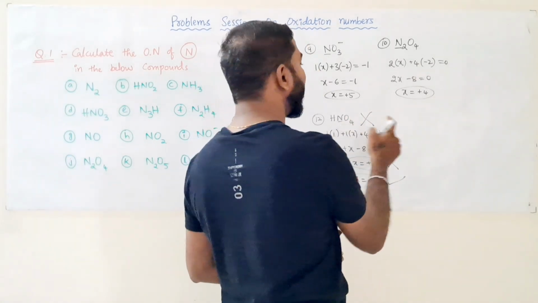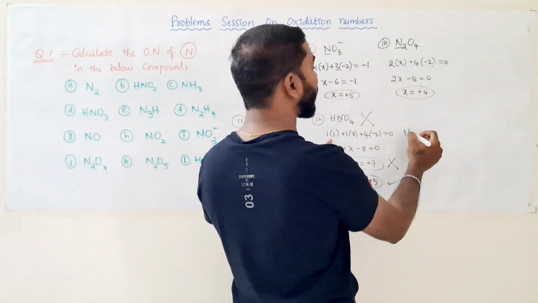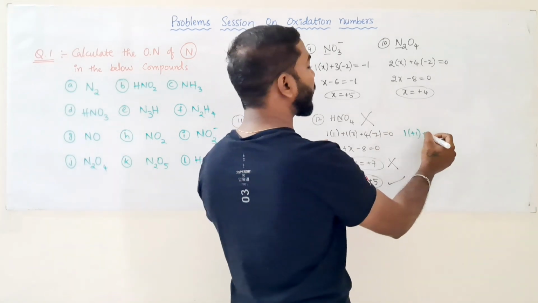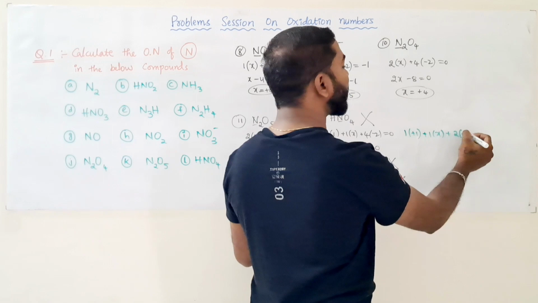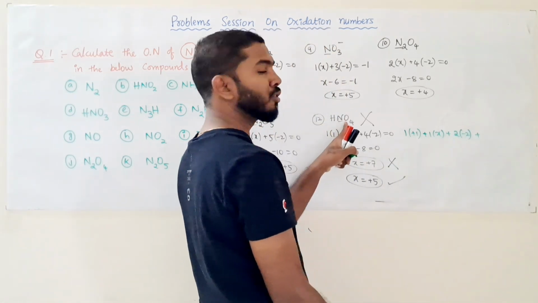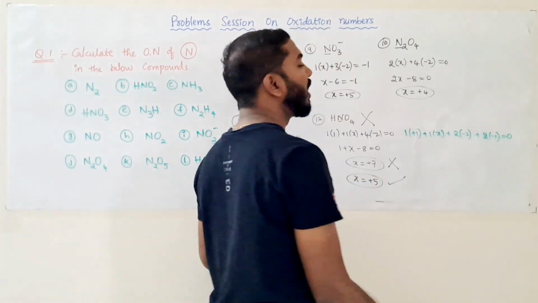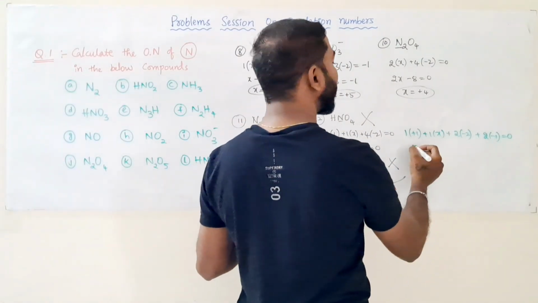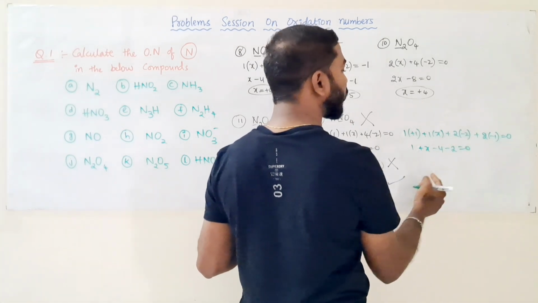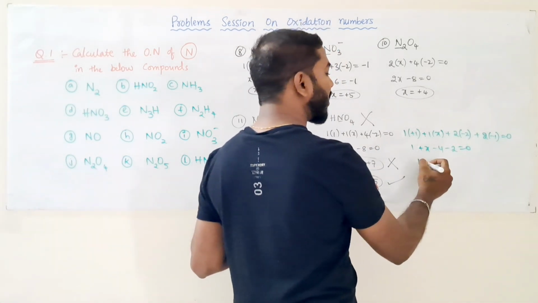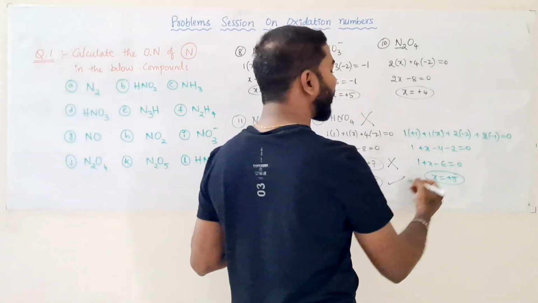So by taking the peroxy oxygens, for one hydrogen, 1 into plus 1, for one nitrogen it is 1 into x, plus for two oxygens normal oxidation number, that is minus 2, and for two oxygens it is peroxy, so minus 1. And then if we calculate 1 plus x minus 4 minus 2 is equals to 0, and then 1 plus x minus 6 equal to 0, then x equal to coming out as plus 5.